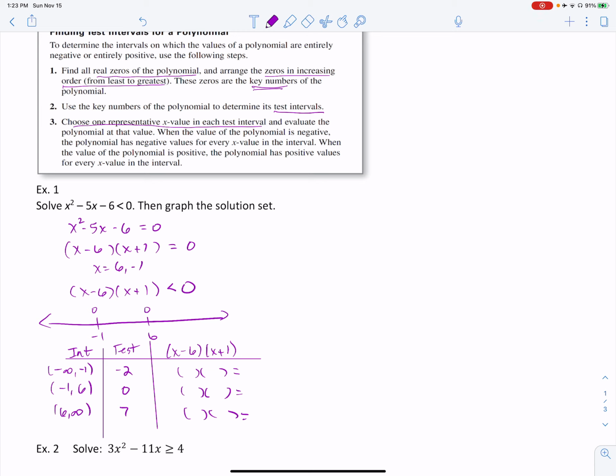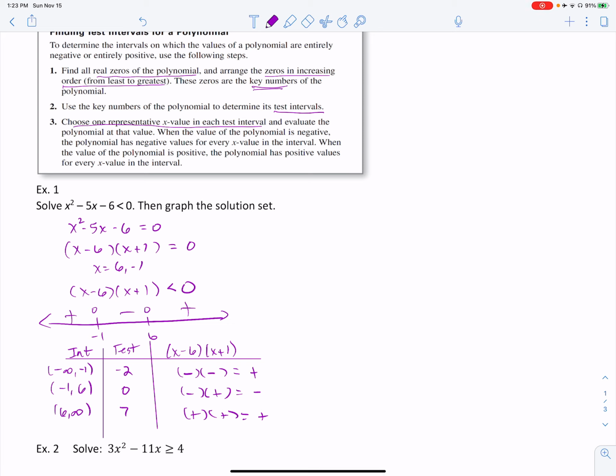So with negative 2, the first quantity is negative, the second quantity is negative, and that product is positive. With 0, the first quantity is negative, the second is positive, so overall the polynomial is negative. And with 7, they are both positive, and so that last interval, the polynomial is positive, being above the x-axis. So we have positive, negative, and positive.